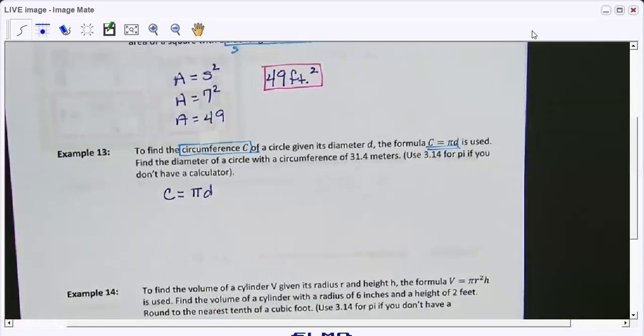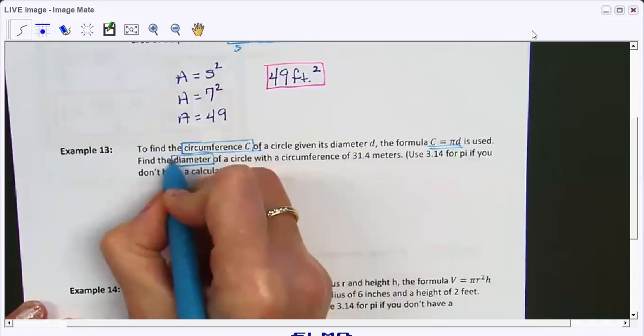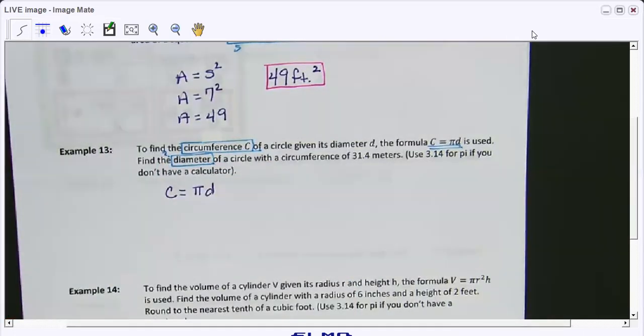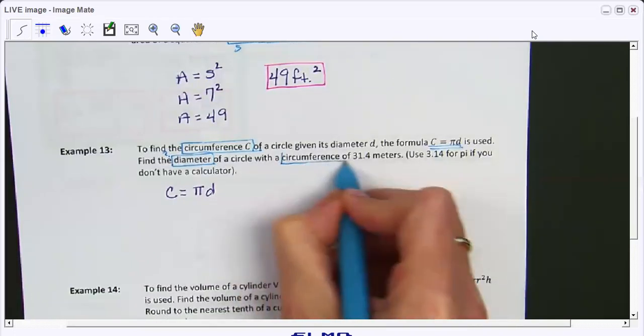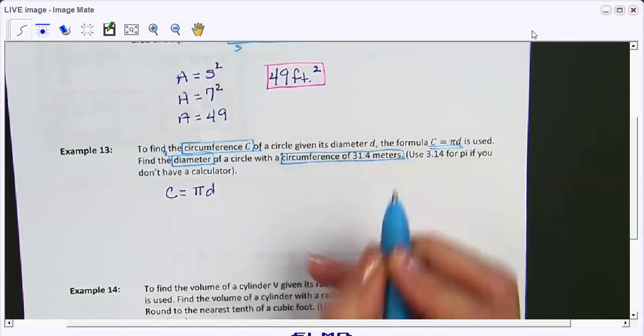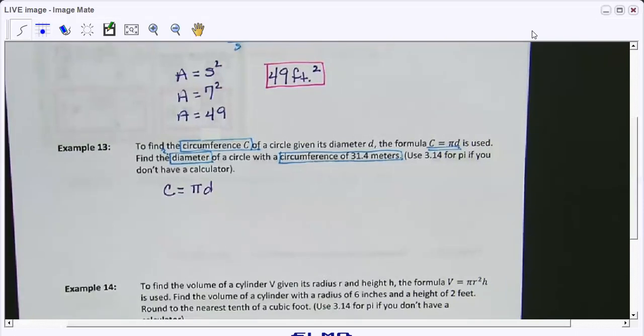Find the diameter. So diameter is what we're actually looking for. Of a circle with a circumference of 31.4 meters. Now, you could use 3.14 for pi if you don't have a calculator. If you do, I'll show you how to use pi on a calculator.